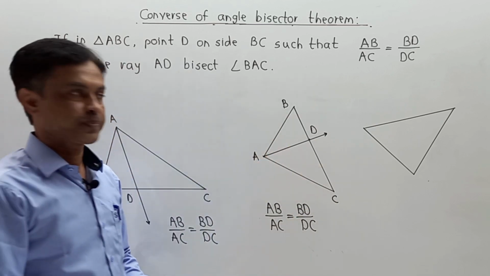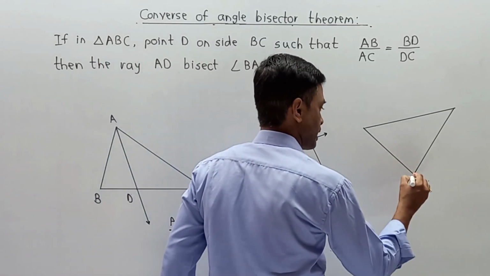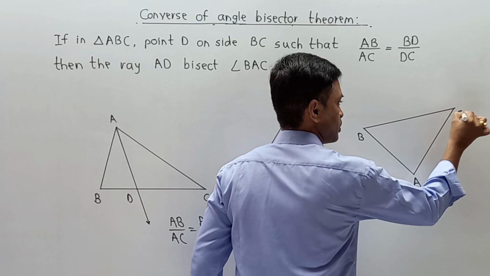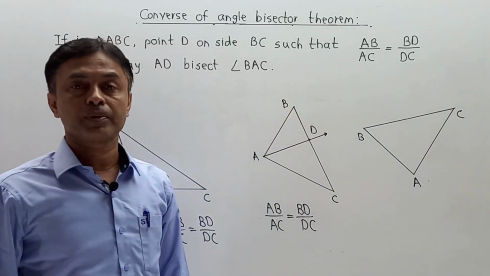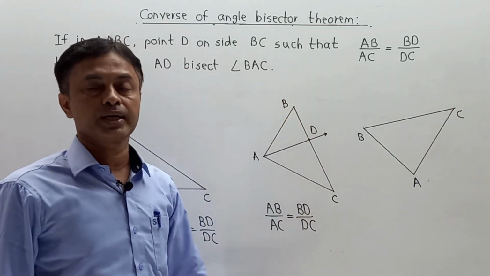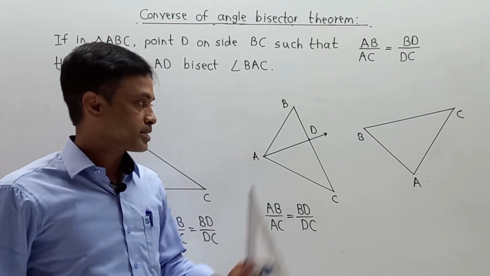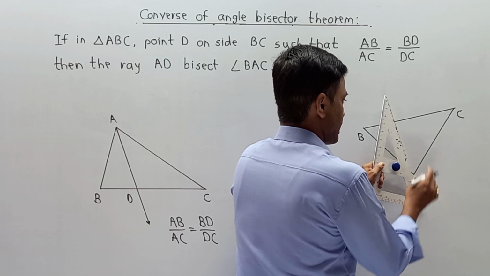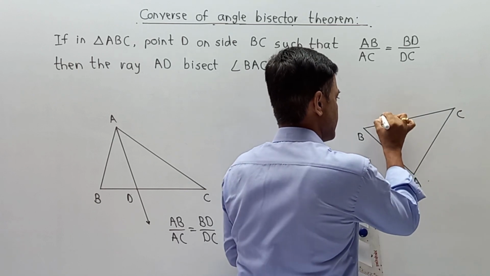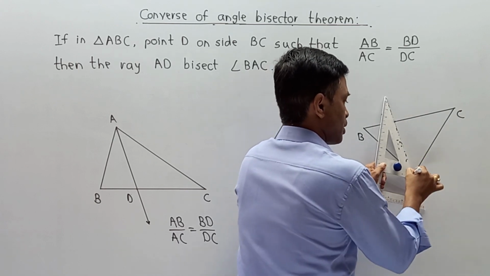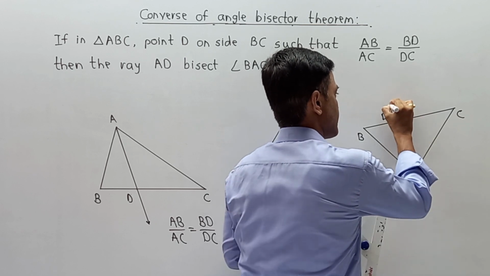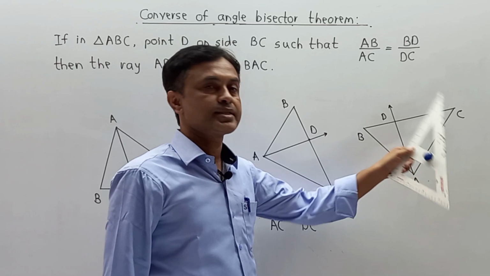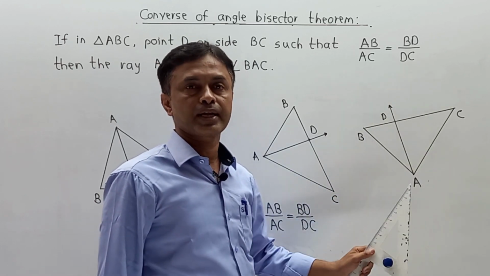Now in the third diagram, I have changed the position and again I am going to write A over here, B over here and C over here, because in numericals the problem will come rotated and we get confused, so I am practicing this beforehand. Now I have taken one point D and I am going to draw one ray so that it is clear. Originally we only had a triangle ABC.